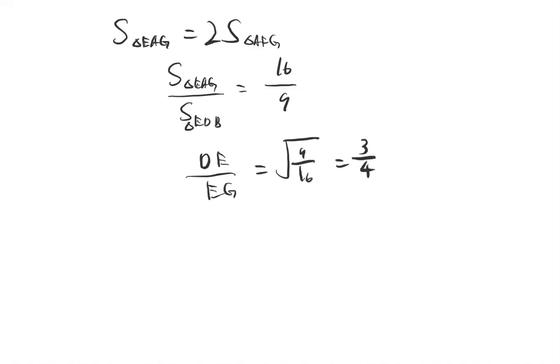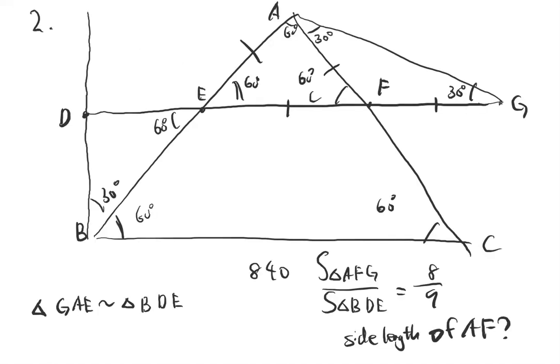But how does this really tell us anything about AF though? So let's set AF as X first. Since AF and FG are equal, FG is also X. And we know that AEF is an equilateral triangle, so both of these are X. So we know that EG is 2X now. But how is DE related to X?